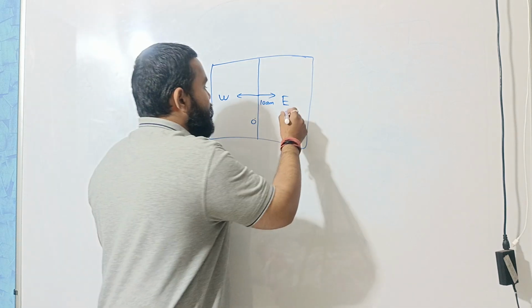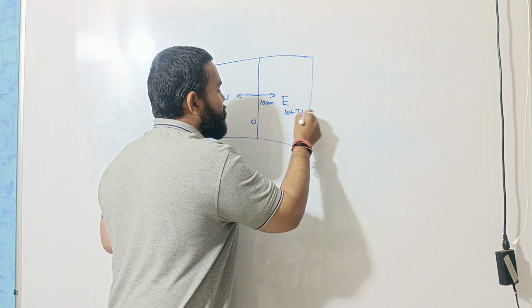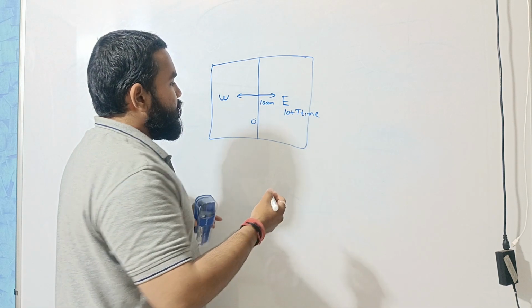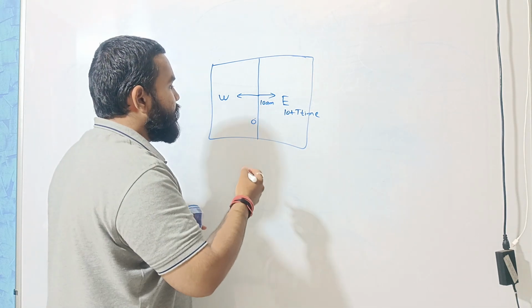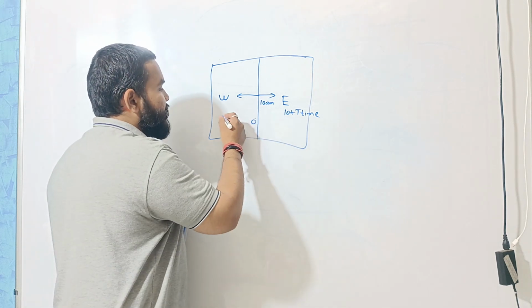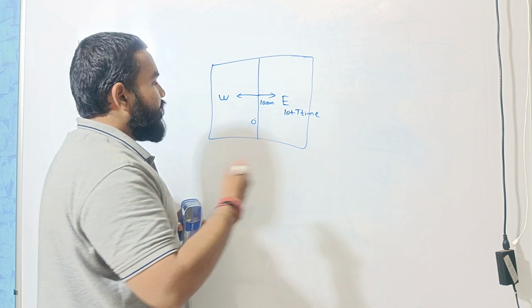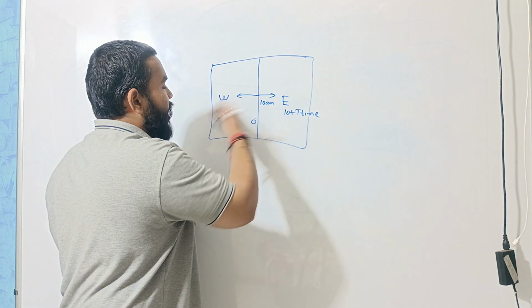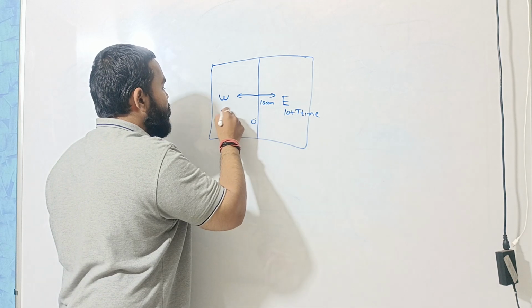That means the time is 10 plus t, because I am reaching that point earlier. And if I go westward, then I am running away from the sun, so the sun's rays fall later, and on my clock it is 10 minus t.